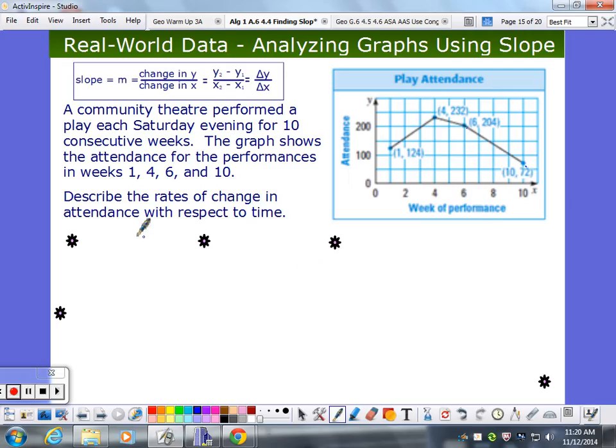Now we can find exactly what the rate of change is between weeks 1 and 4. I'm just looking at these points that I can barely see here. So let's see. 230. There's your x1, y1, x2, y2. So we can go and find these slopes.